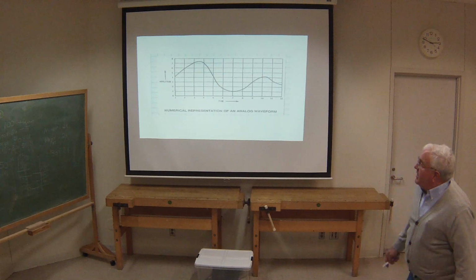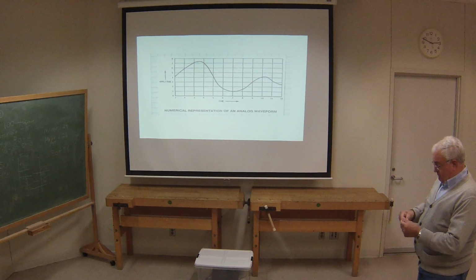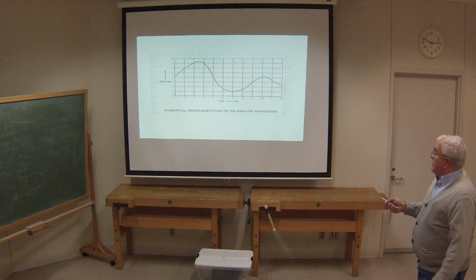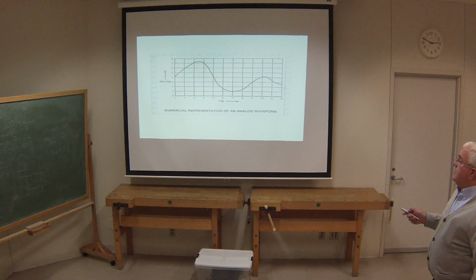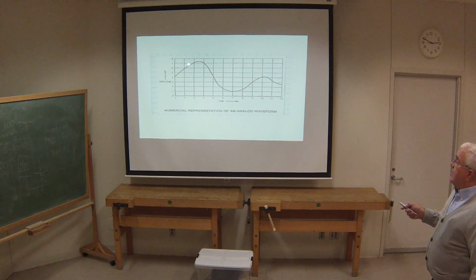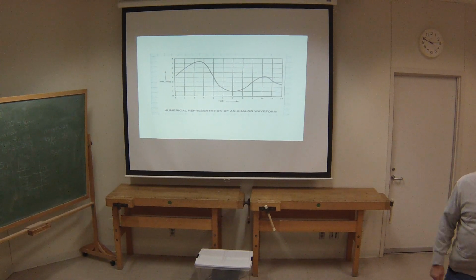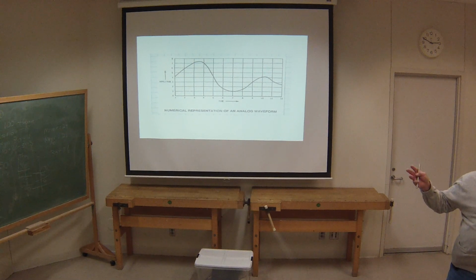And we're going to start out here. We've got an analog signal. We've got an analog signal, and if we were to graph this in terms of amplitude and time, and in each one of these points we were to plot the signal, then we could make a numerical representation of this analog signal, no matter what it is.